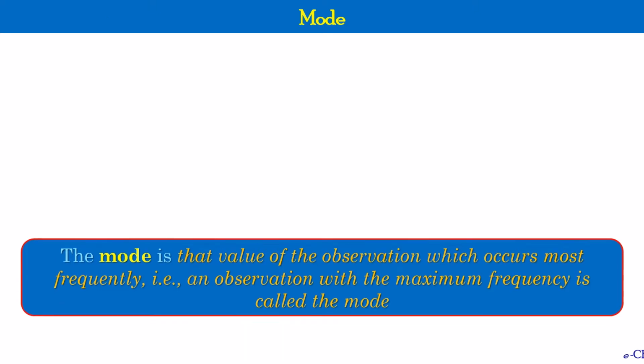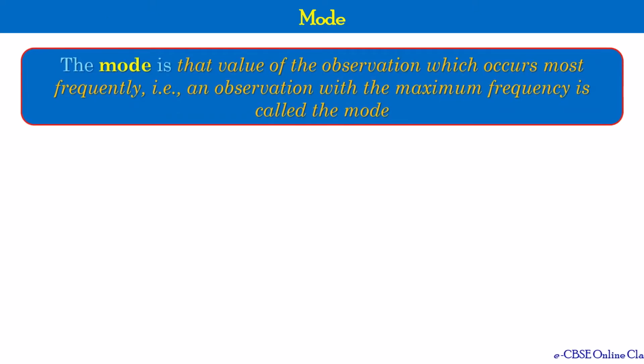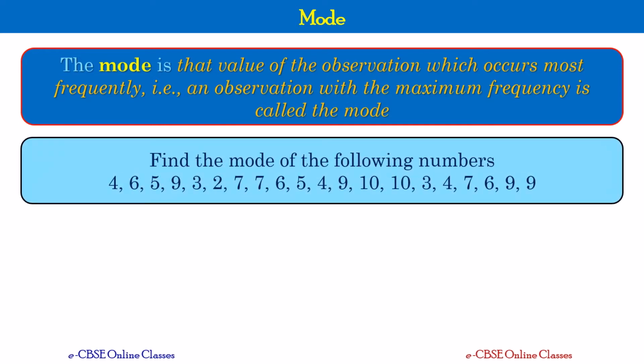The definition of mode is: the mode is that value of the observation which occurs most frequently. That is, an observation with the maximum frequency is called the mode. This is the definition we have already looked at, and we have also looked at an example with raw data. If you are given some raw numbers like this and asked to find the mode, the first step is to sort them in either ascending or descending order.